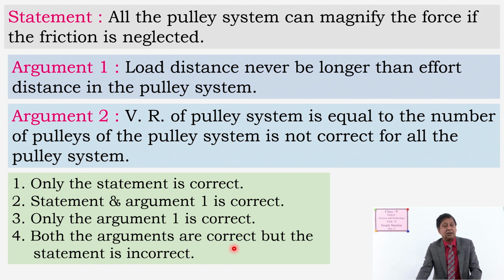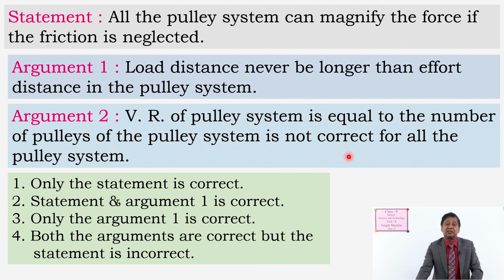Both the arguments are correct, but the statement is incorrect. The statement is incorrect, it is already decided. And argument 1 is correct, decided. But are both arguments correct? Let's go through the second argument.